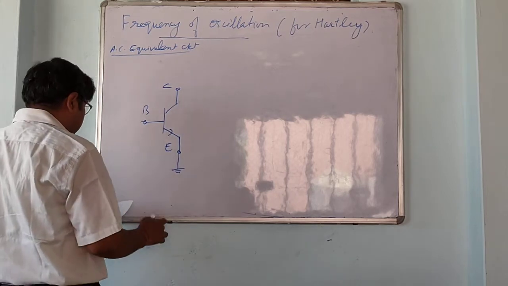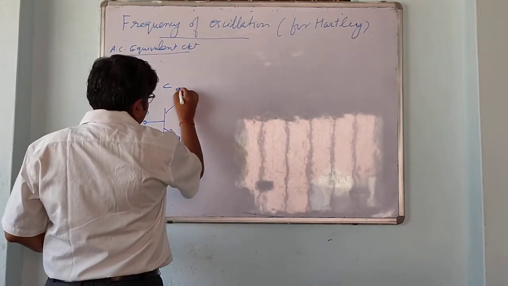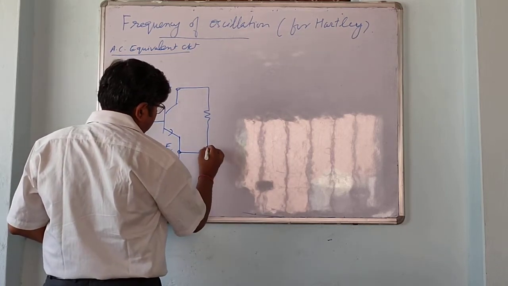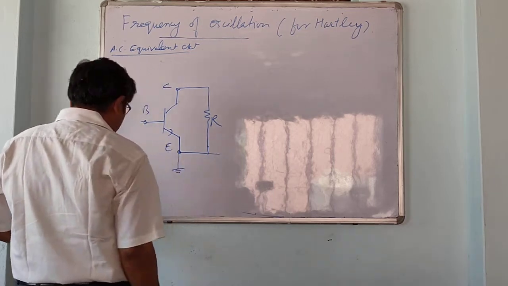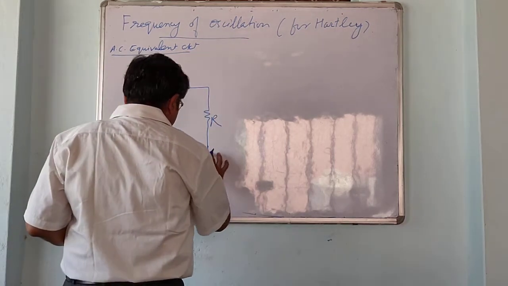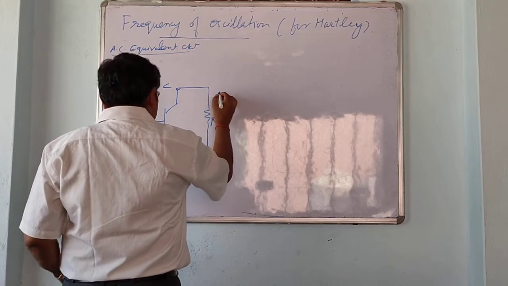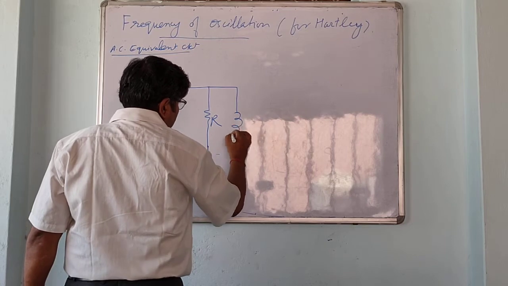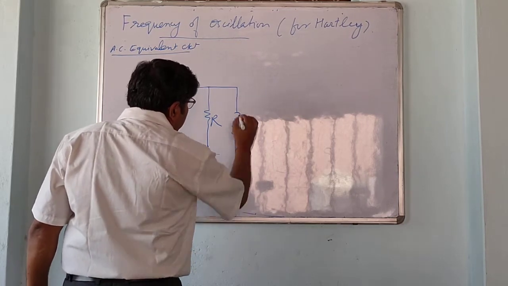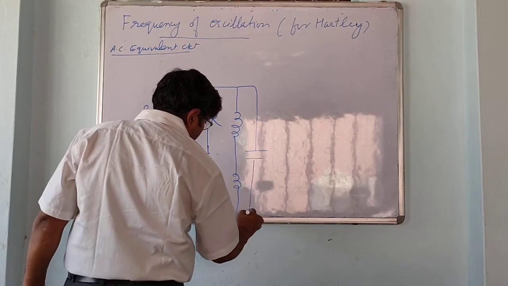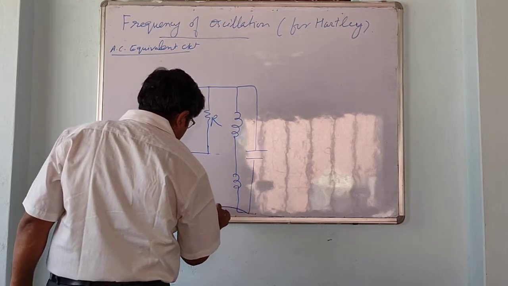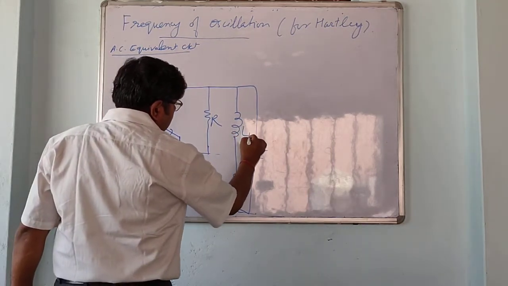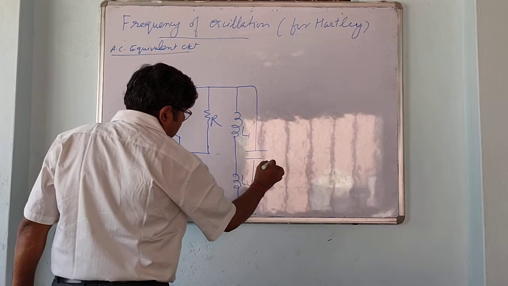Here we take an equivalent resistance R, and the feedback network, which is a combination of two inductors and one capacitor, L1, L2 and C. This is the tank circuit, connected to the input.